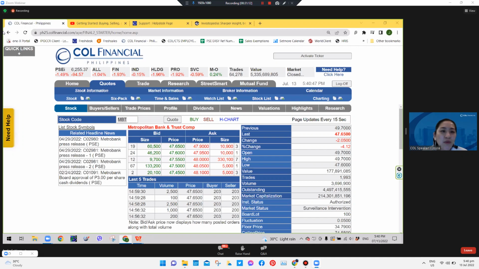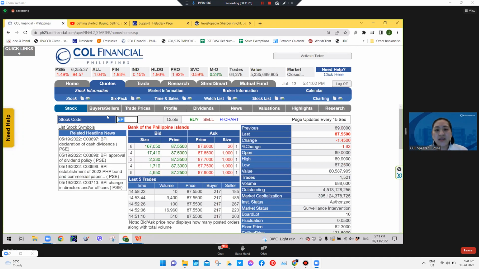Everyone, let's now move to another stock. Let us try to see Metrobank's competitor, BPI. Let's enter BPI here. On the chat box, would you mind telling me what is the best bid price for BPI? Looking at this, what is the best bid price?